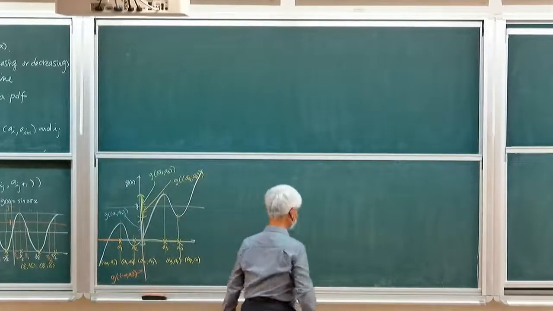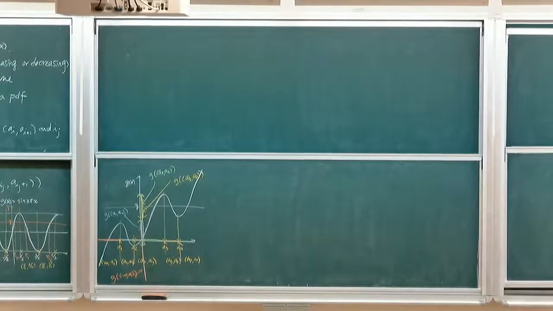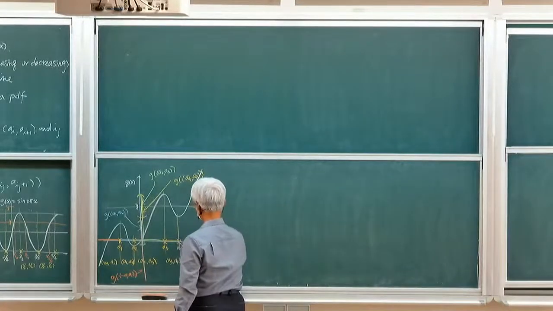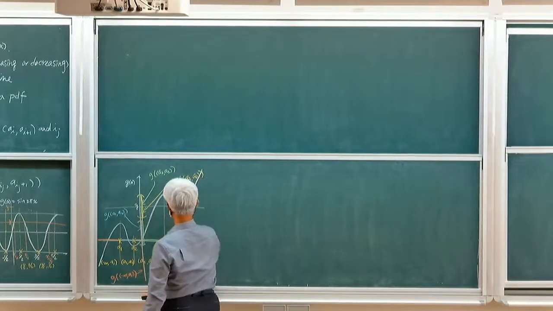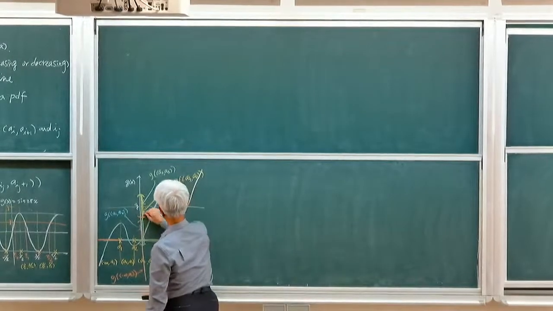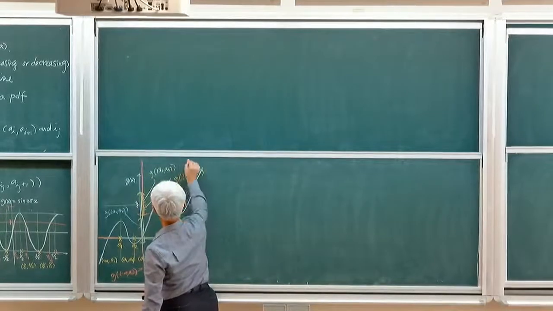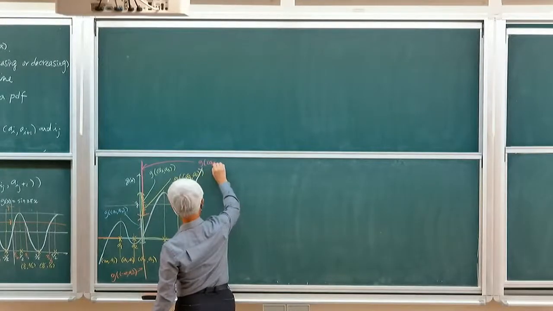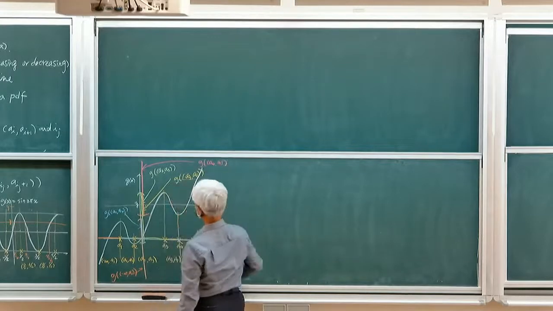And the last one, the red color, is from that one up to infinity. This is G of A4, infinity.